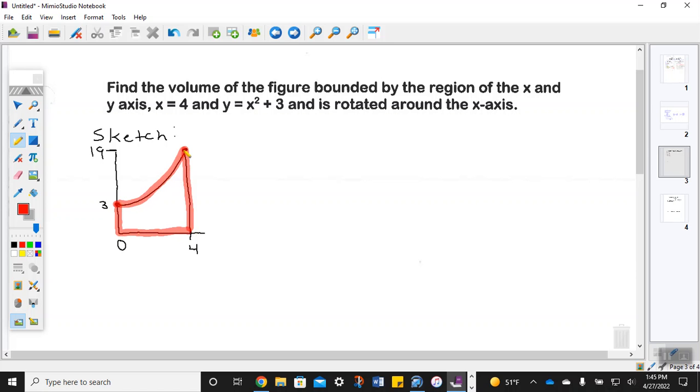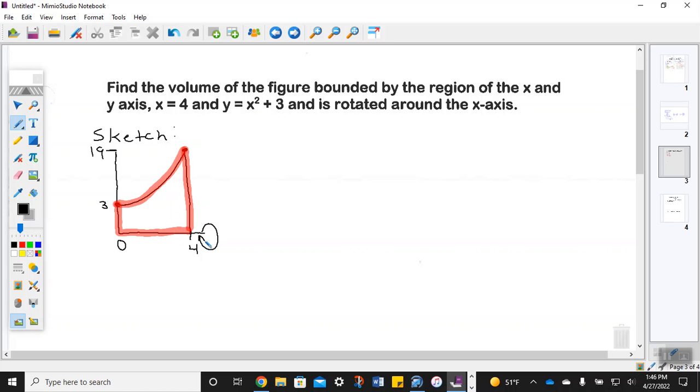Now, it says we're going to take that shape and rotate that around the what? X axis. So around the X axis. Let's take this and rotate it around that axis right there. So this is going to kind of flip down there, okay? That makes sense to you?